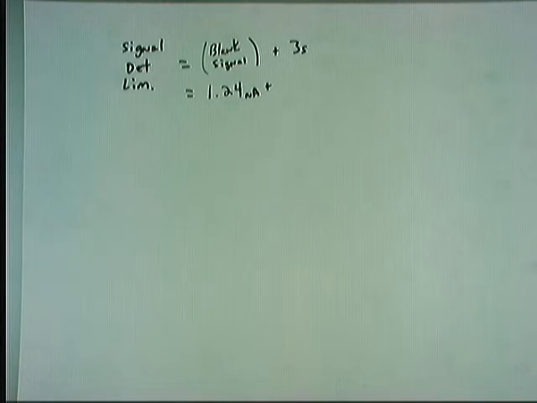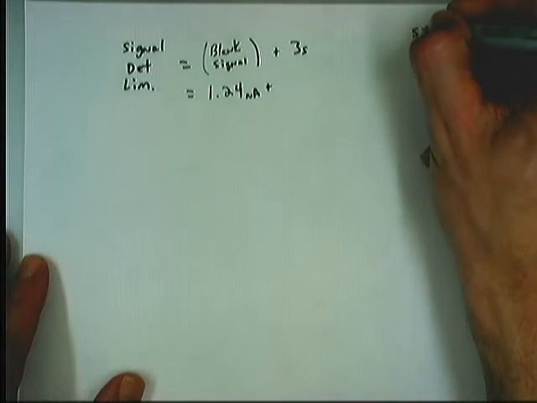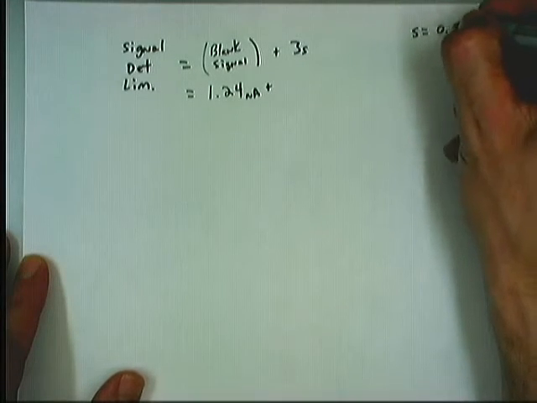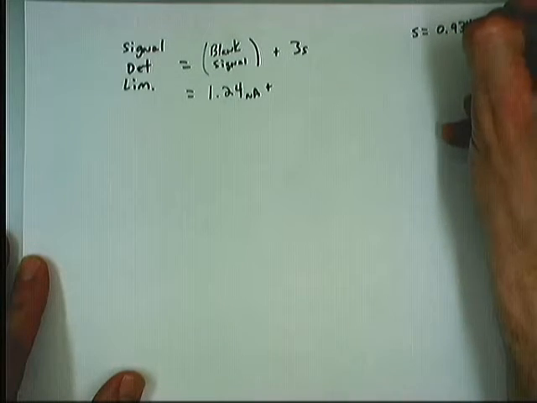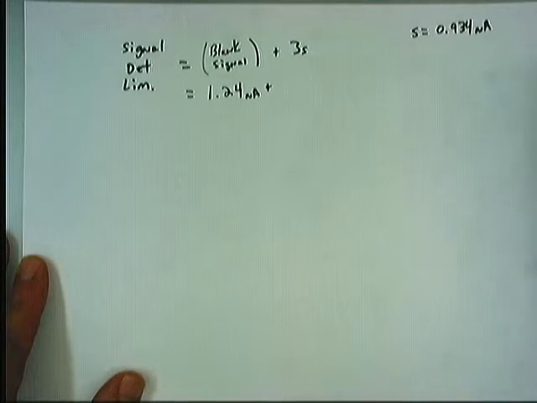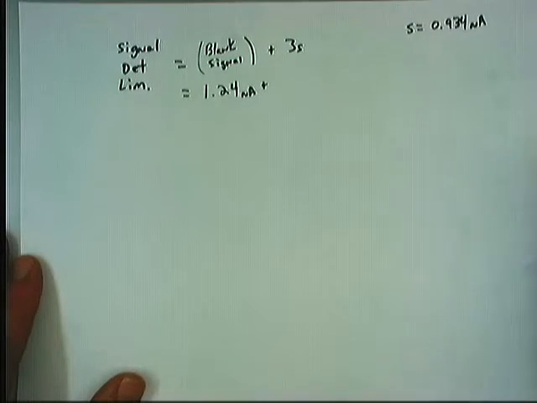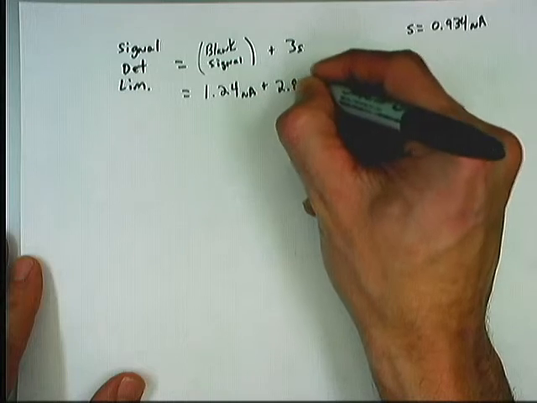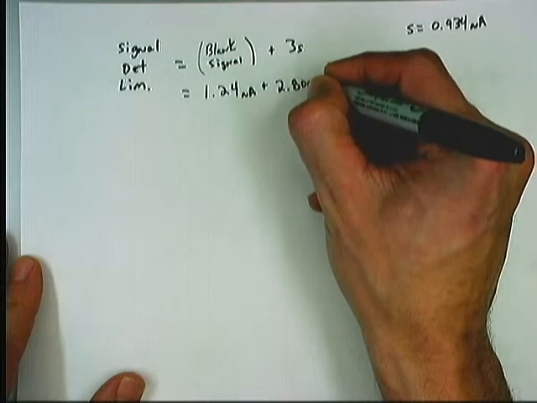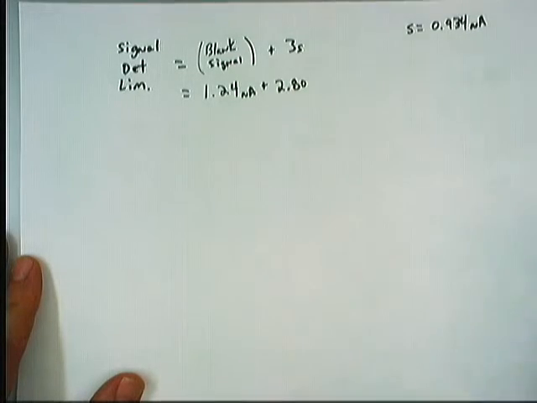We previously saw that the S for that was 0.934 nanoamps. That was for the data set of the actual sample that we analyzed that was near the detection limit. That was my S. So if I multiply that by 3 to get my 3S, I end up with 2.8 or so nanoamps.